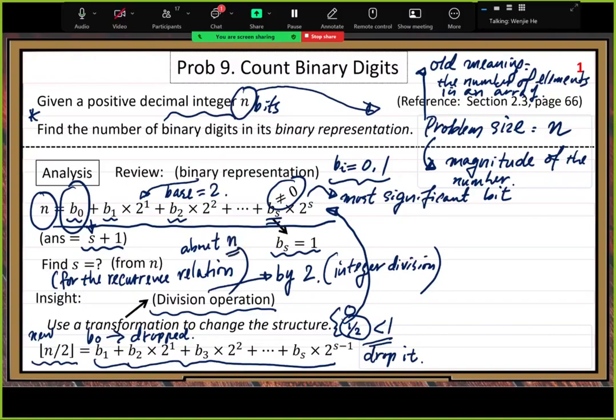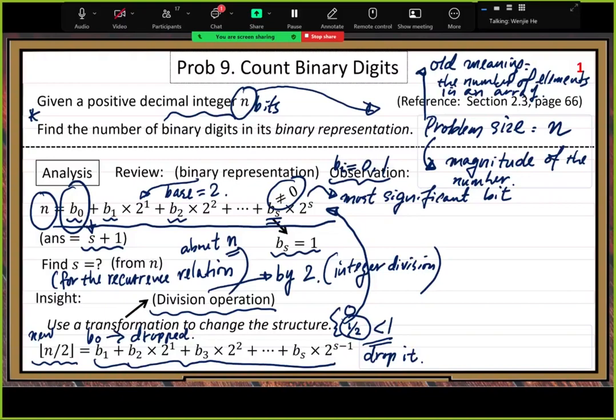Not S number, n number. Because our final answer should be in terms of n, not s. So when we derive the recurrence relation, that recurrence relation should be in terms of n, not s. Nothing to do with s. N.